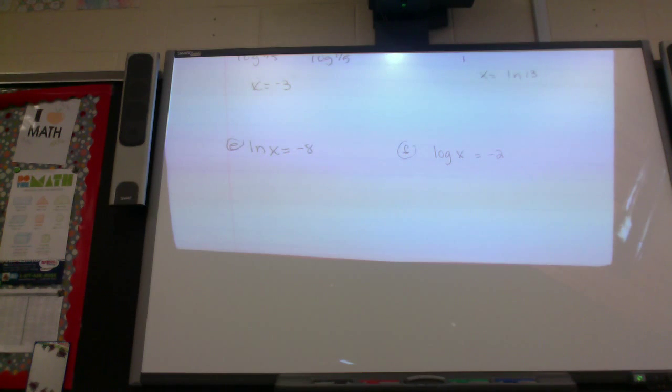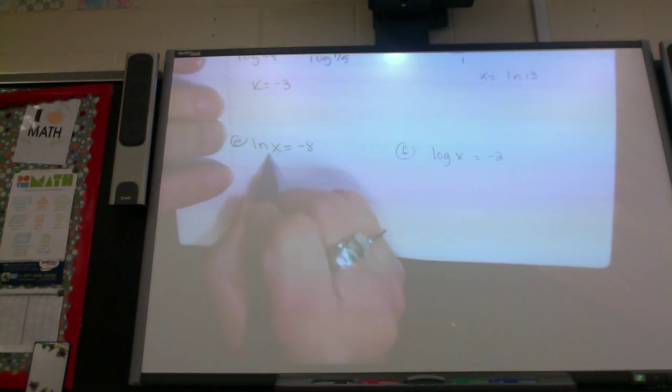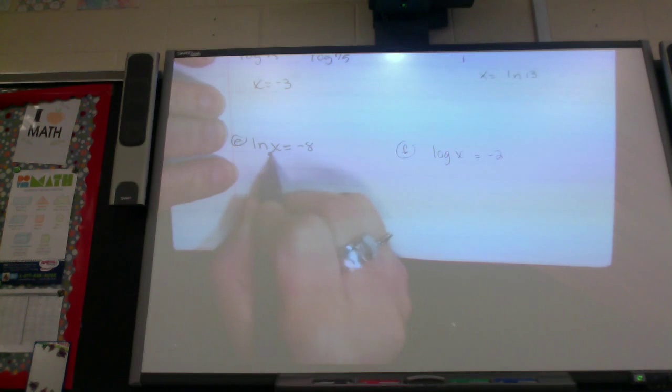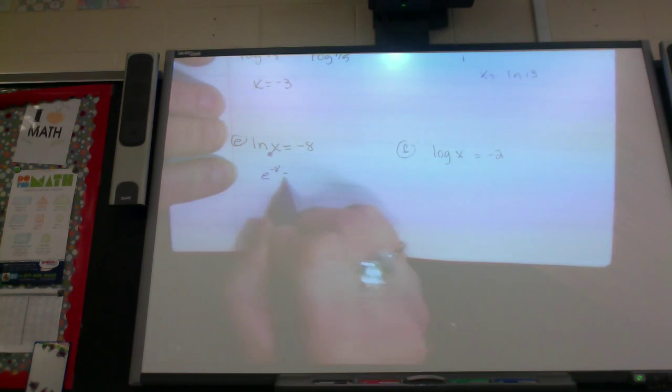A is the base of our logs, so it's the base of our exponents, and c is our exponent. So in this case, ln has a base of what? What's this base here? e. So it's e raised to the negative 8 equals x.